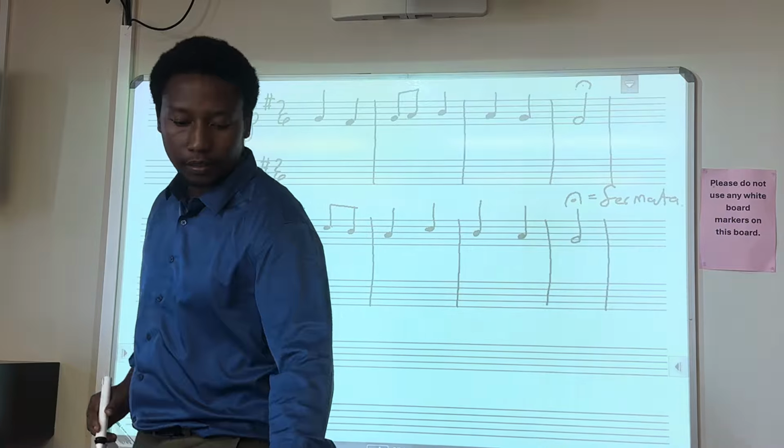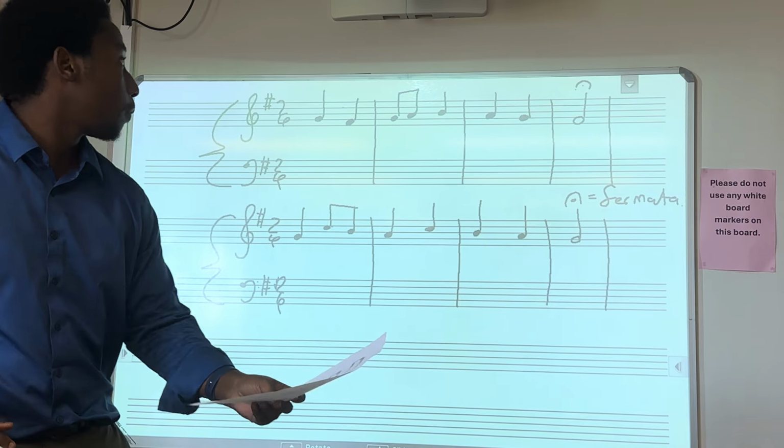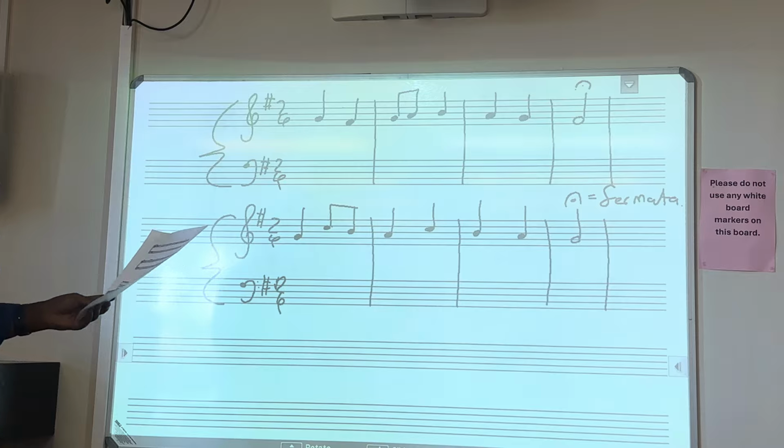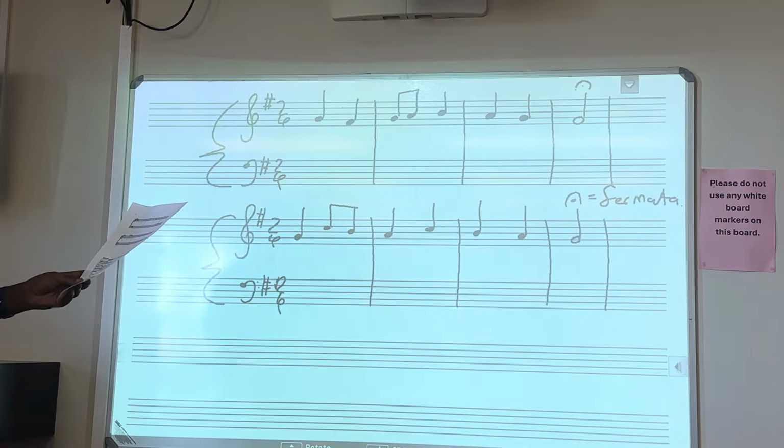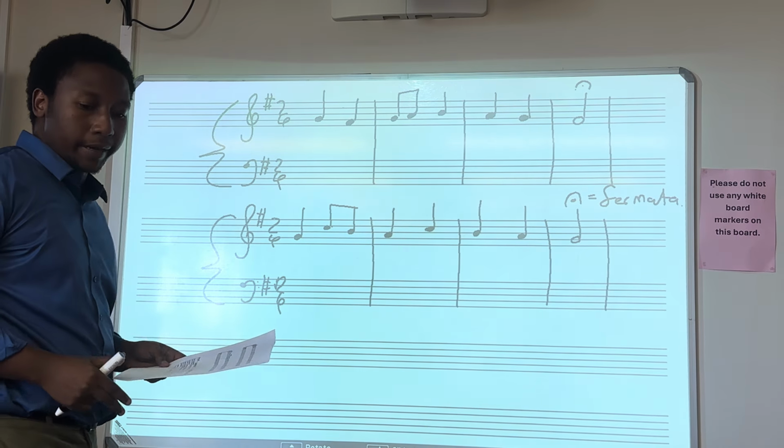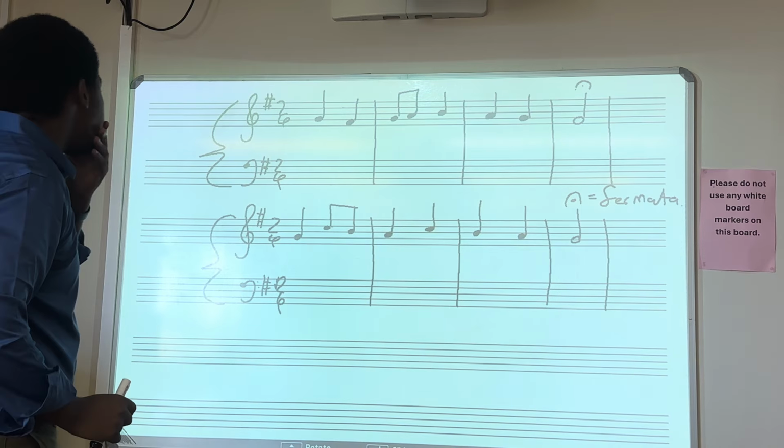So the question is, complete 4-part harmony on the following extract. The soprano line has been provided for you. Please fill in tenor, alto, and bass accordingly.